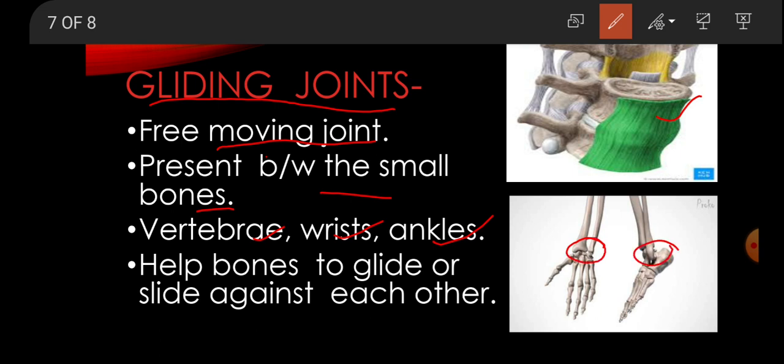These are examples of gliding joints. Gliding joints help bones glide or slide against each other. For example, gliding joints present between the vertebrae enable us to bend sideways, forward and backward and also help us twist and turn.